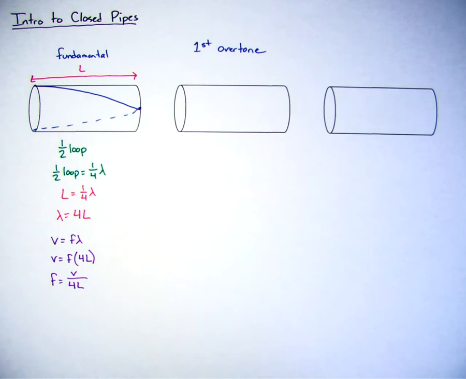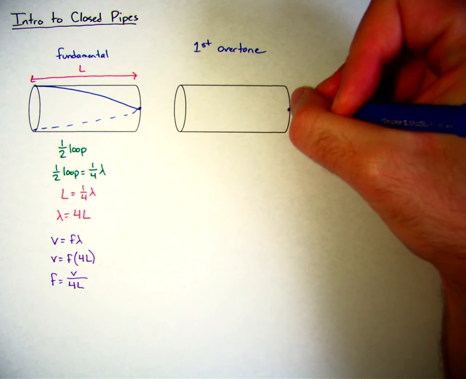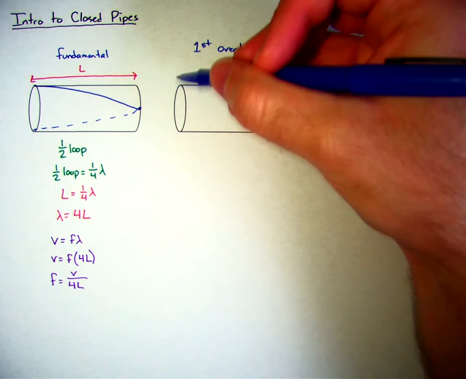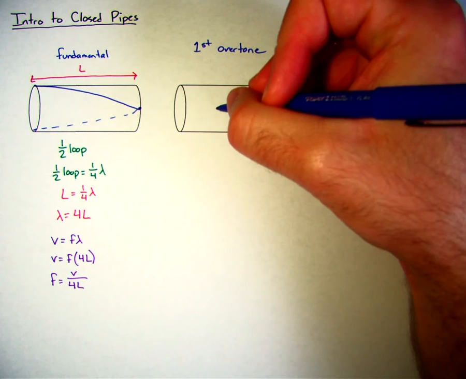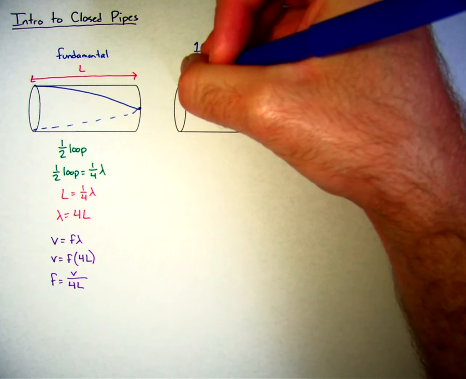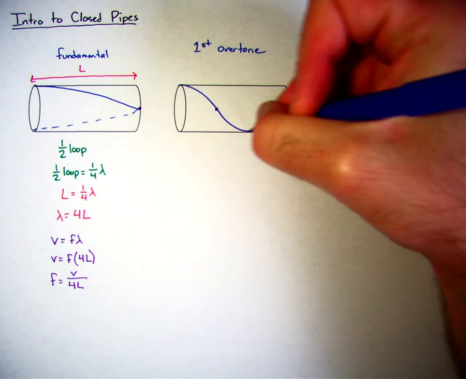Just label it as the first overtone for now. Now, in the first overtone, I still have to create the same type of wave, where I have a node on my closed end and an antinode on my open end.